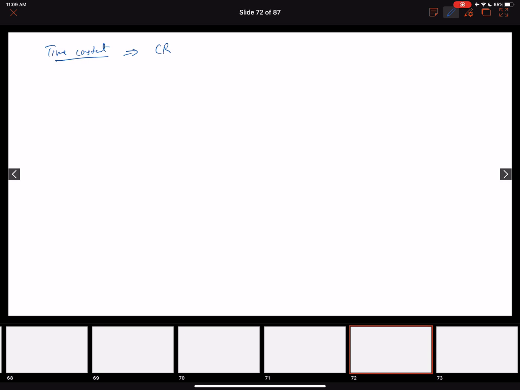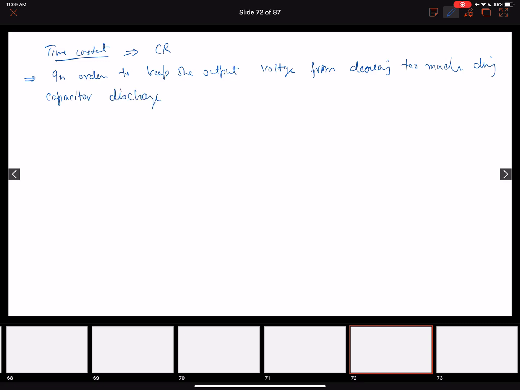Okay, so if I make sure, in order to keep the output voltage from decreasing too much during capacitor discharge, we can select this.